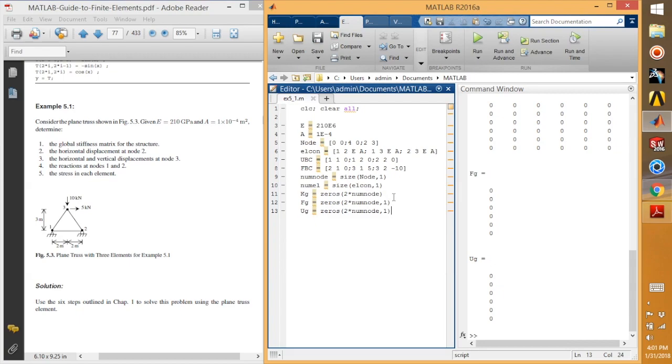Now we have defined all our given data as well as number of nodes and element connectivity.